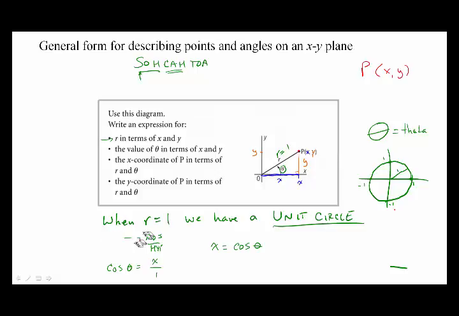So let's do this now, and let's go for y. Sine theta this time is equal to the opposite over the hypotenuse. Sine theta is equal to y over r. So we could say y is equal to sine theta.